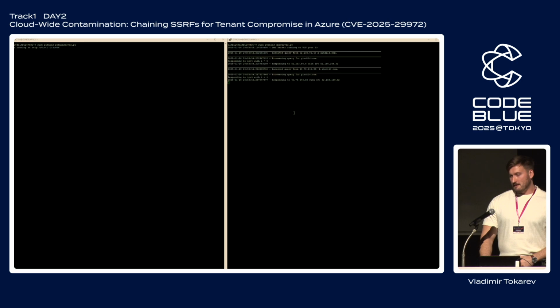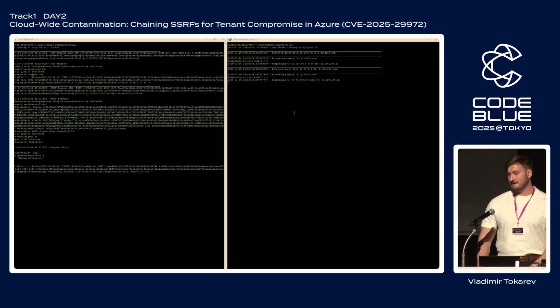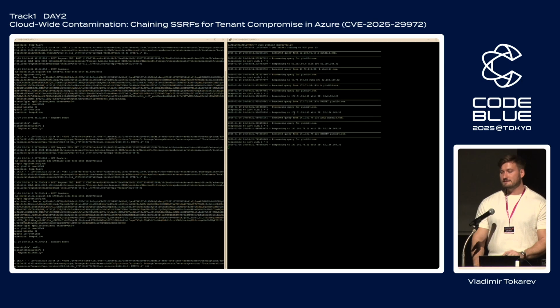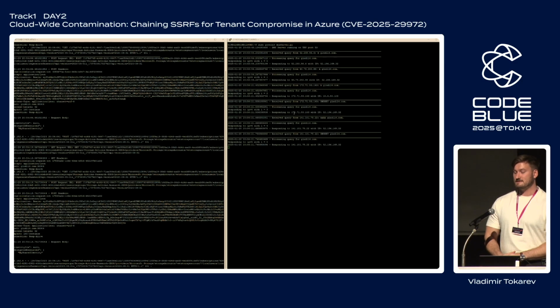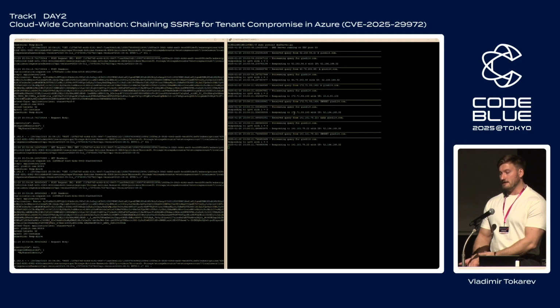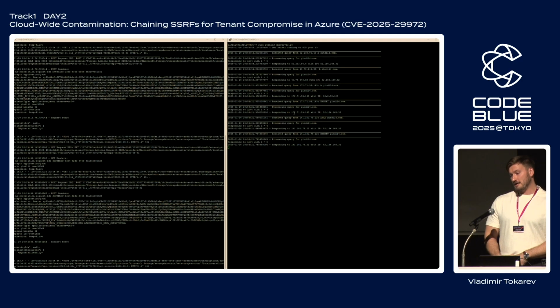Now, let's look at a demo of that. On the right side, again, we have the DNS server. On the left side, we have the HTTP server. We're actually interested in looking at a place where we only see the GET and not the POST, because it means that the GET was actually received by the attacker-controlled HTTP server, and the POST was actually sent to the target endpoint, which means that the spray and pray for rebind attack actually worked.